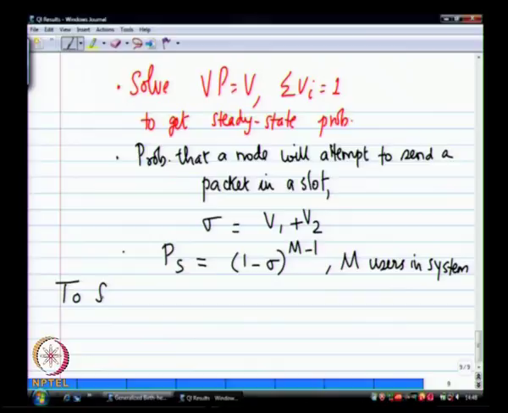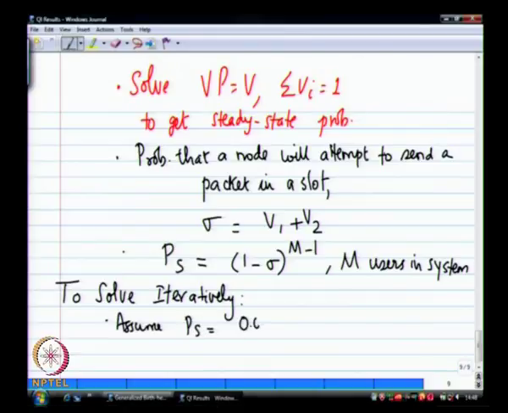So the way to solve is, assume PS equals some small value, 0.001 or something like that. I forget what I used to do in my olden days, and then solve, because I am assuming some value, then solve for the vector V and PS.